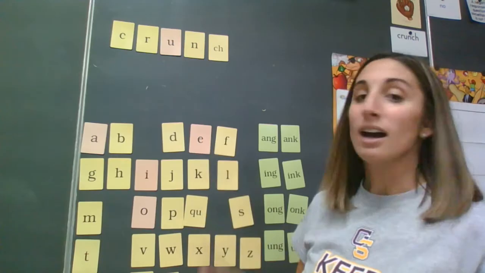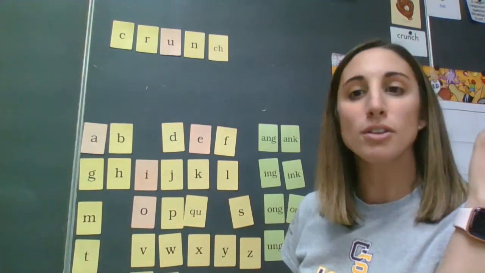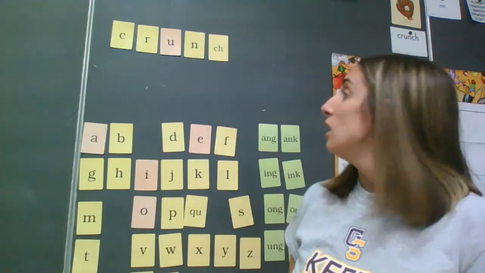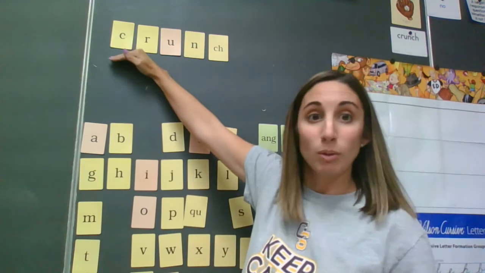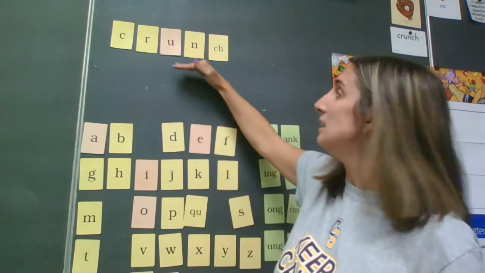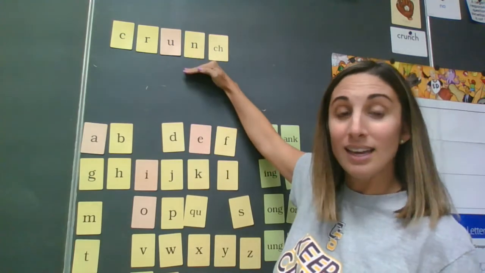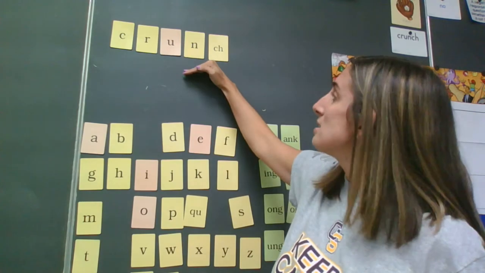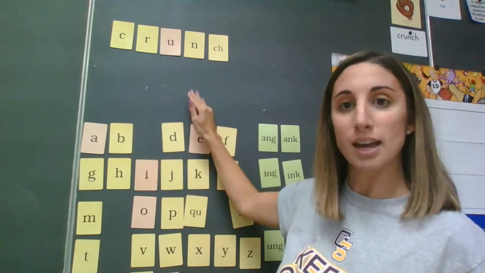Okay, so let's talk about this word for a second. What attributes does this word have? What are some characteristics? Think of all the things we've been talking about in Fundations. Hopefully you're noticing that at the beginning of the word we have a blend, right. What about at the end of the word? It's not just a digraph, it's a digraph blend, correct. And we know this is a short vowel, so what kind of syllable is it?